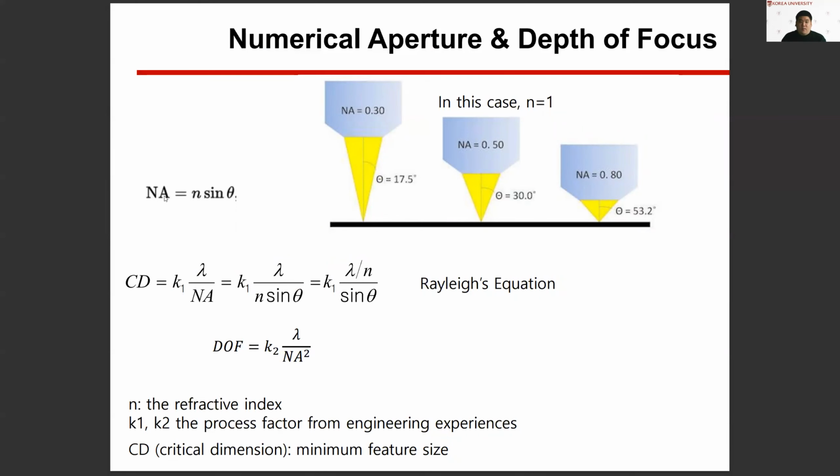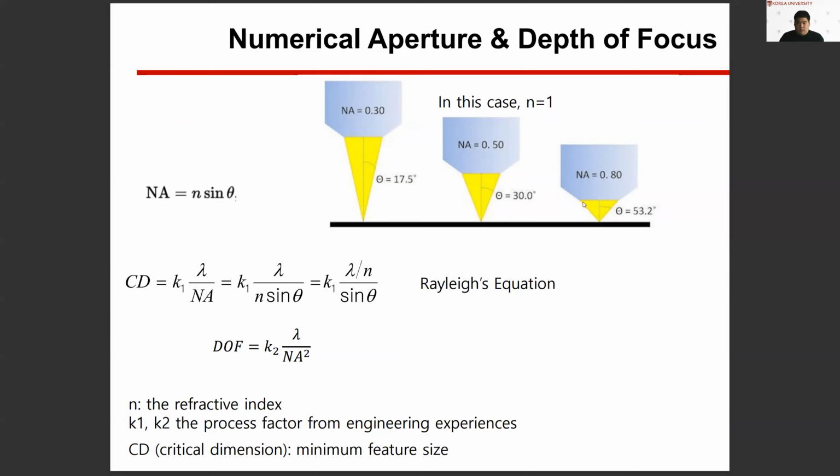The numerical aperture is n, the refractive index, times sine theta, the angle of the light. To make a finer image, which is called the critical dimension, to make smaller feature sizes, we need to make a bigger numerical aperture.